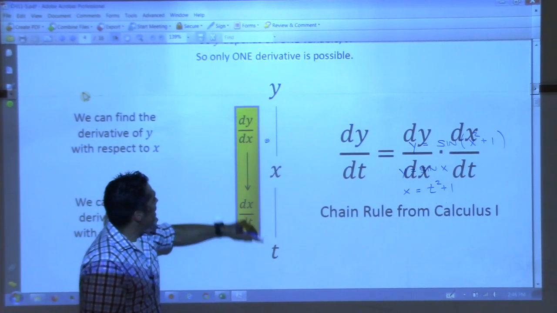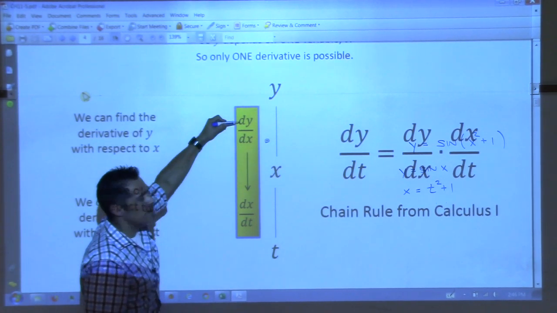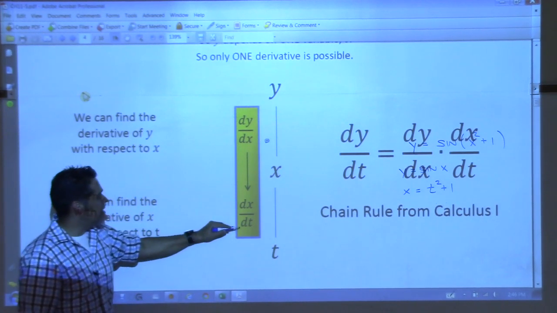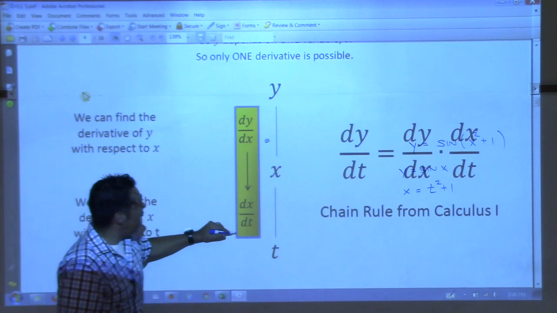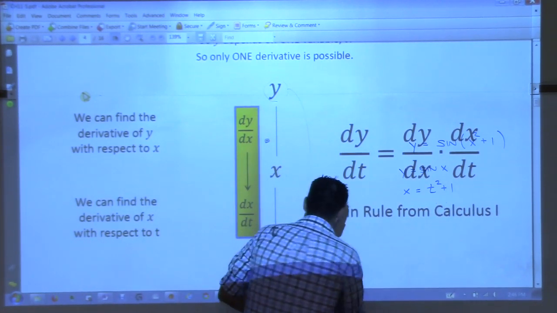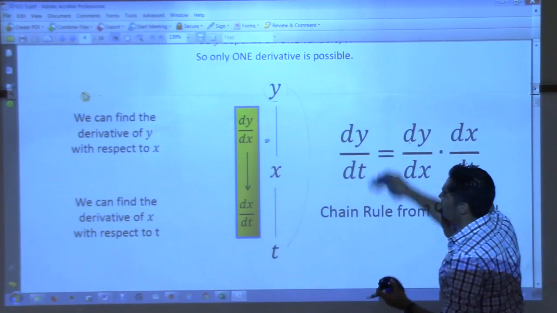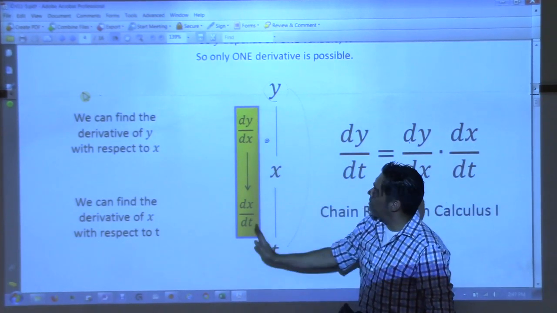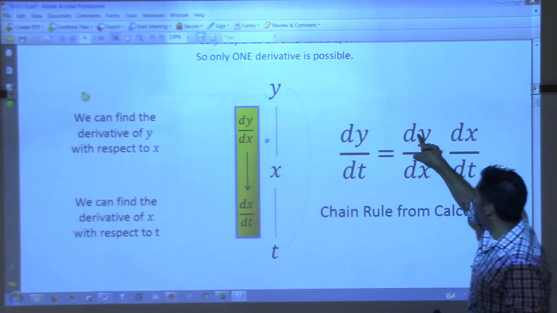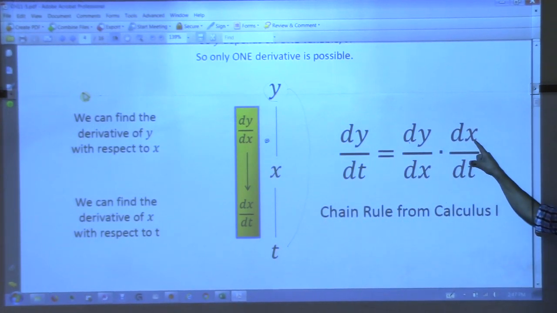And if we do it that way, then to get from y to x, we have a derivative dy dx, and to get from x to t, we have another derivative dx dt. So dy dt, to get from here all the way down, requires that we go through the whole chain. We go through the whole branch here. We go first this derivative, and then we multiply times this derivative, right?